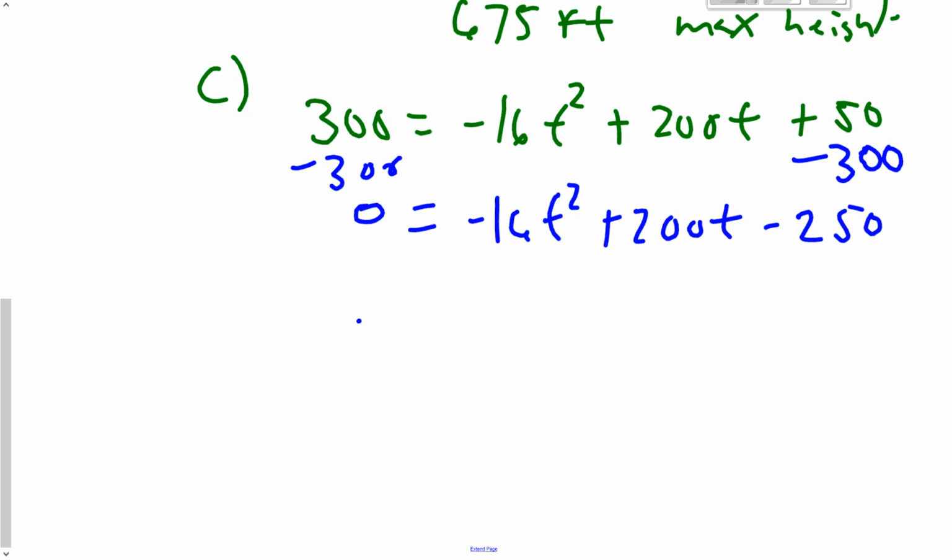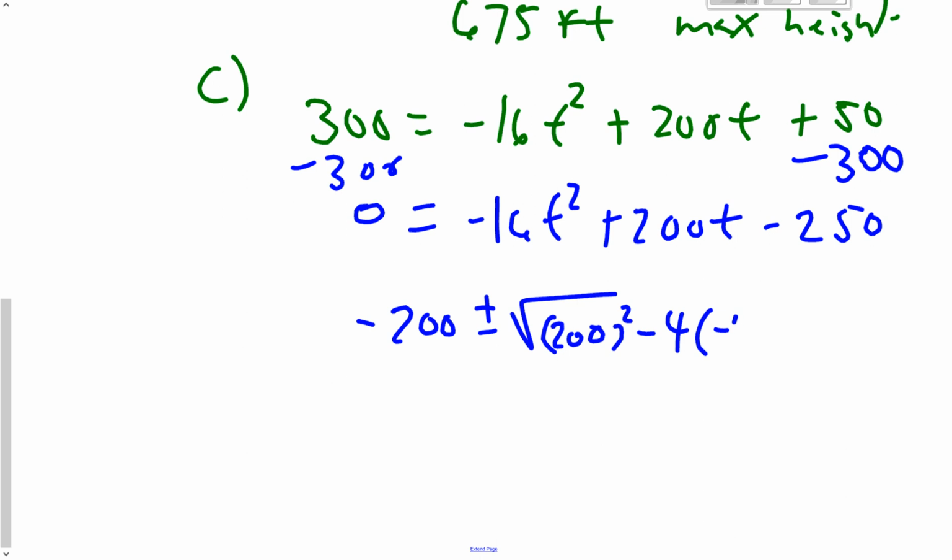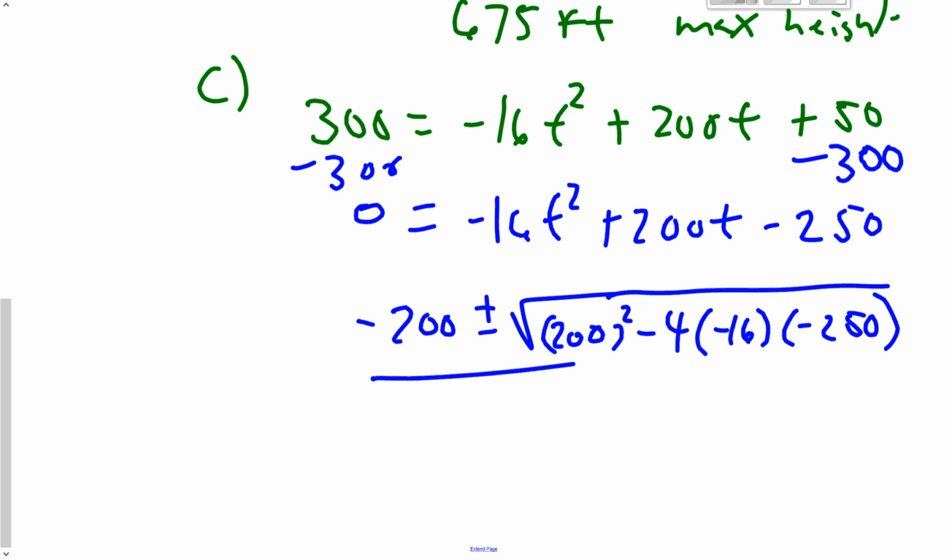So a negative 200 plus or minus the square root of b squared minus 4 times our a times our c. Again, these are all negatives, right? That's 3 negatives in a row, so that means that you're going to be subtracting there, over 2 times a.